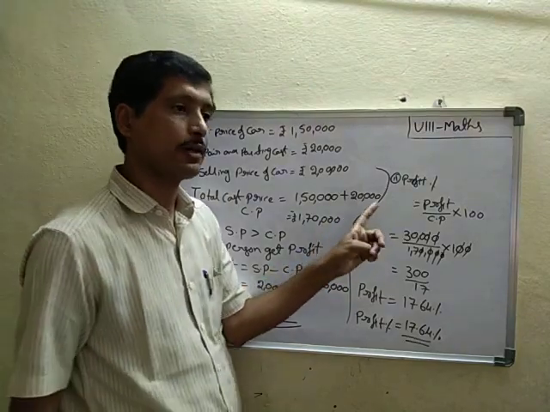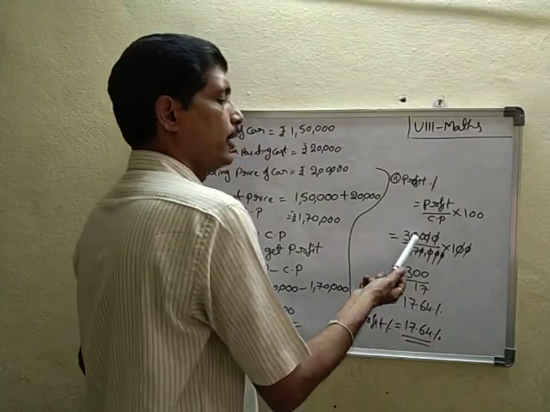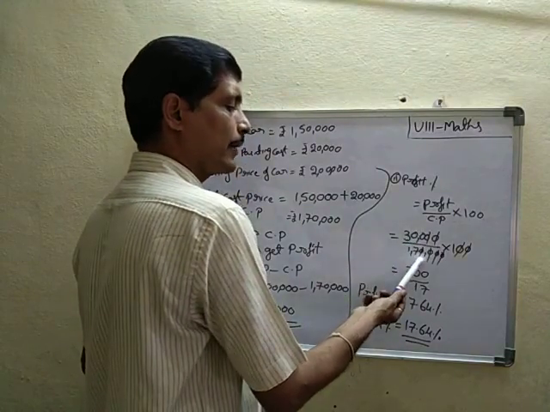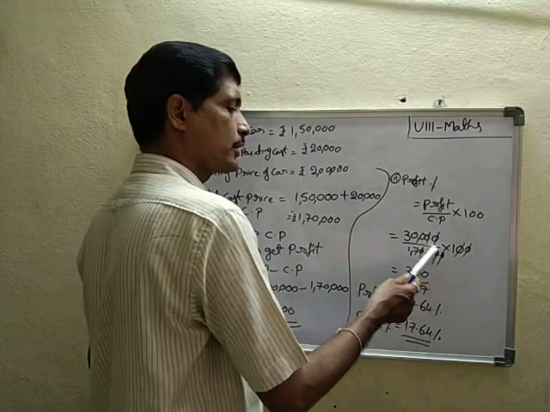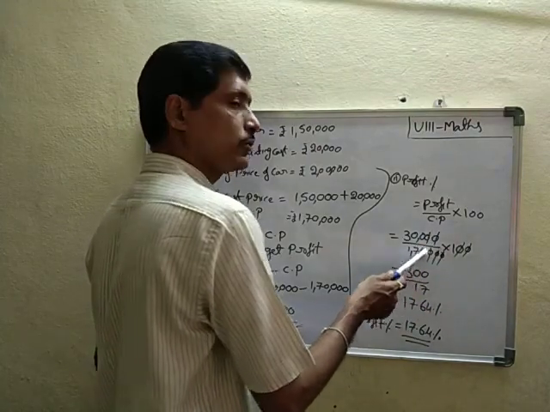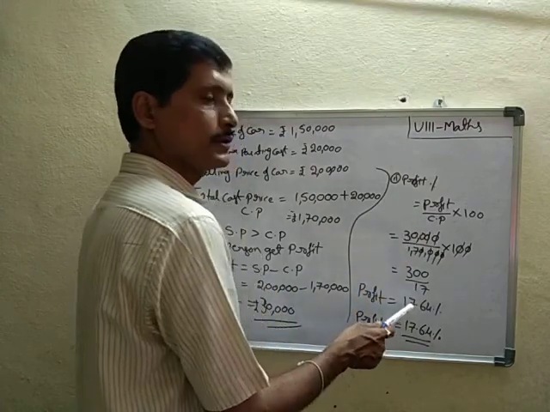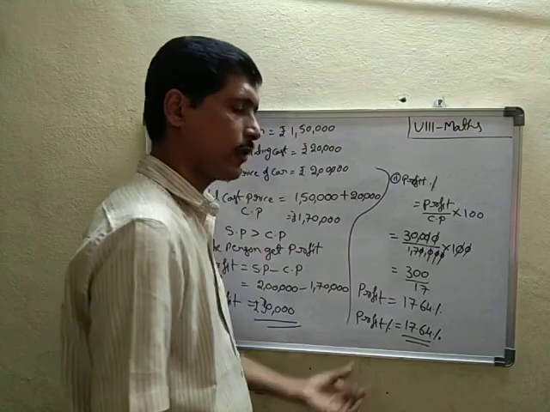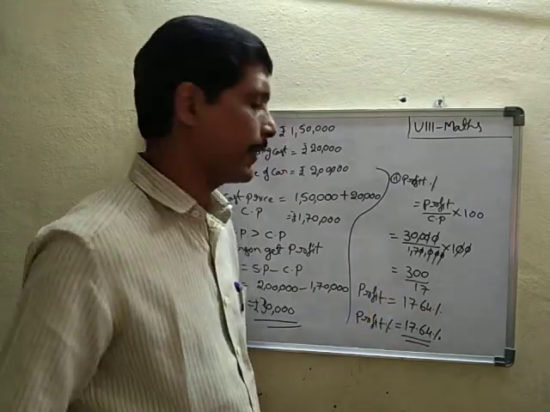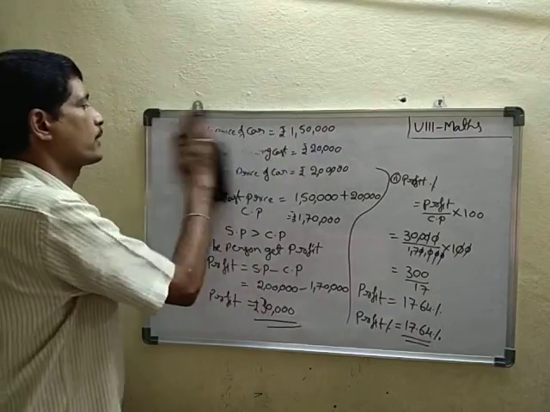Profit percentage equals profit by CP into 100, that equals 30,000 by 1,70,000 into 100. Two zeros in the numerator and two zeros in the denominator get cancelled, so 300 by 17. Simplify, you get 17.64 percent. Therefore profit percentage equals 17.64 percent. Okay, next problem.